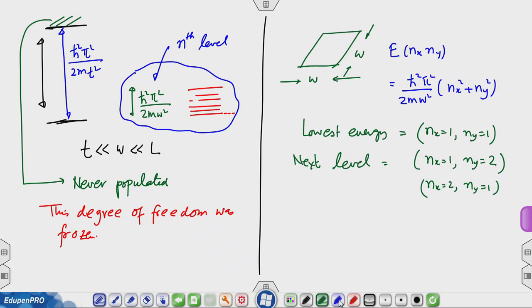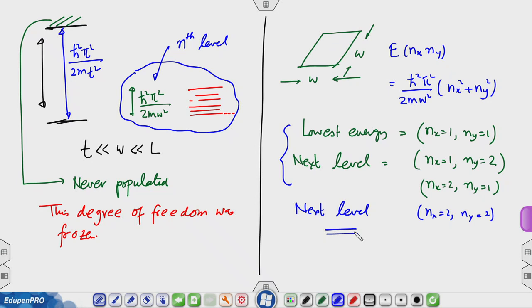And the next level is n x equals 2 and n y equals 2. So, what we want to know is to fill these levels till this starts getting filled, and what is the linear density we are talking about.